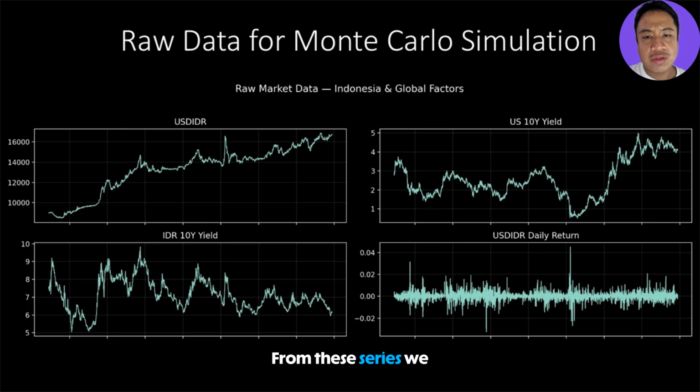From these series, we extract 3 key numbers: the current spot, the domestic and foreign interest rates, and the realized volatility of USDIDR over the last year. In a risk-neutral FX framework, the drift of the process is not my macro view. It's simply the domestic rate minus the foreign rate, and the uncertainty comes from the volatility we measure here. All of this is calculated in Python and then fed into the Monte Carlo engine.